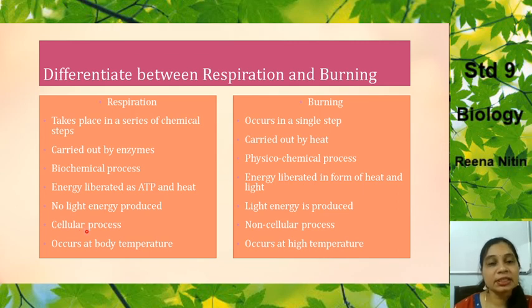It takes place inside the cells of the plant. But burning does not take place inside a cell. Respiration occurs at body temperature. The plant doesn't become hot or something. It takes place at the same temperature. But for burning, you require a high temperature to burn something.